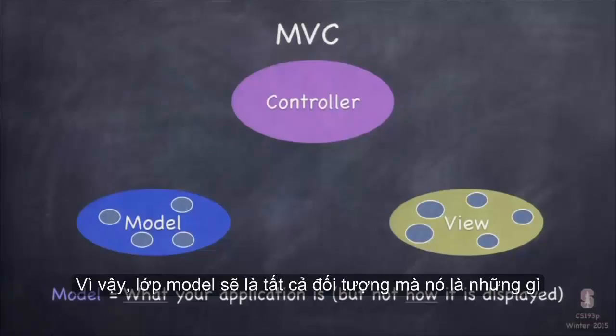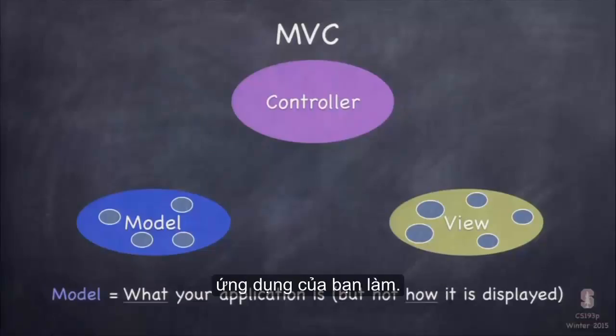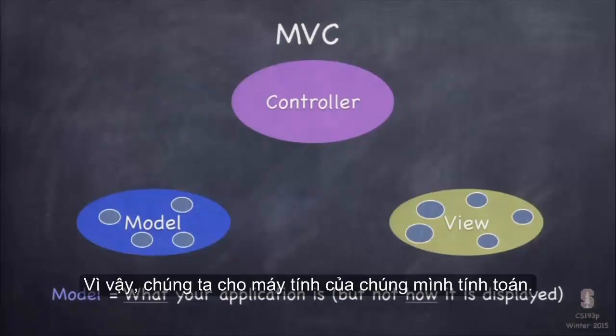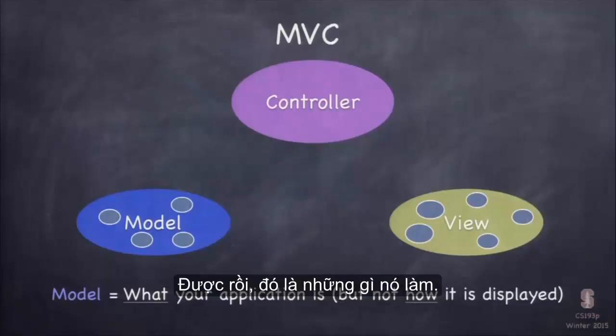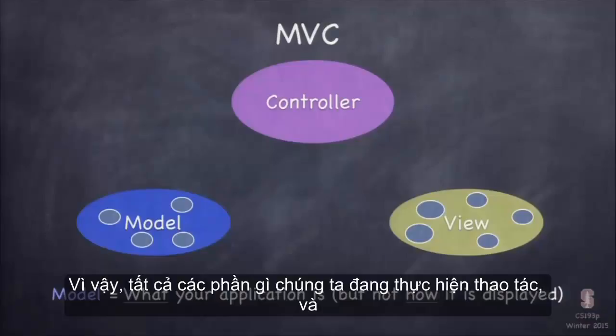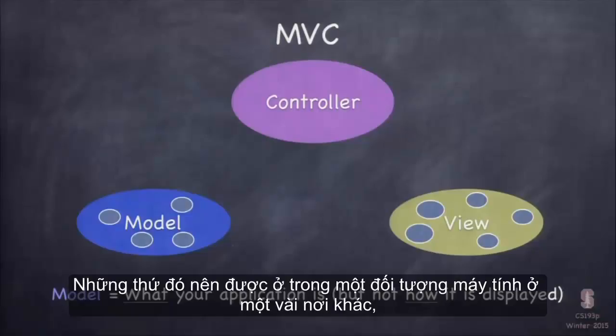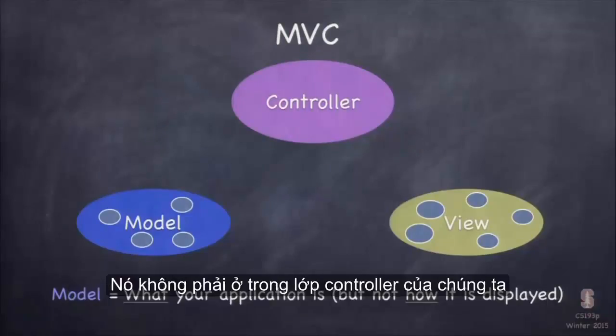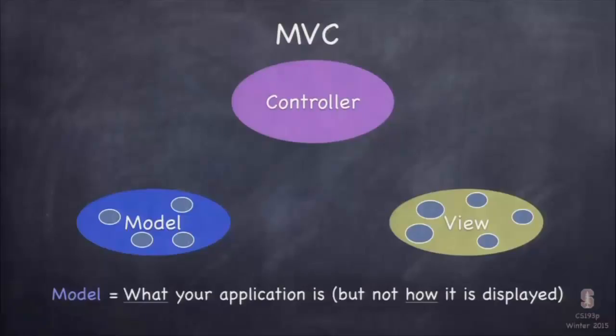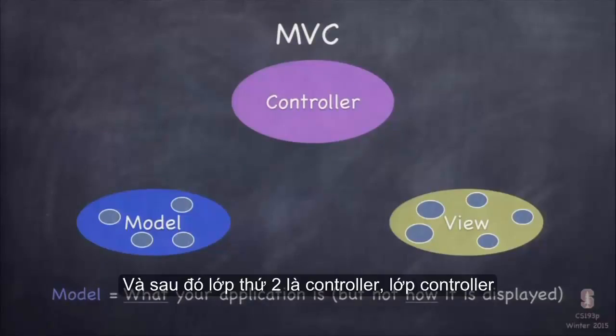So the model camp is going to be all the objects that are what your application does. So for our calculator, it calculates, okay? That's what it does. So all the parts where we're doing perform operation and all that stuff, that's all calculator stuff. That should be in a calculator object somewhere else. It shouldn't be in our controller, okay?